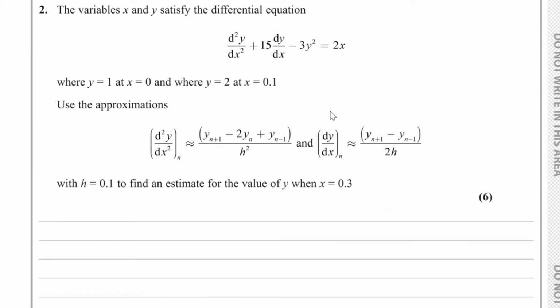Now, to begin with, we know what x1 is, we know what y1 is, and from this we can find out what dy over dx1 is.